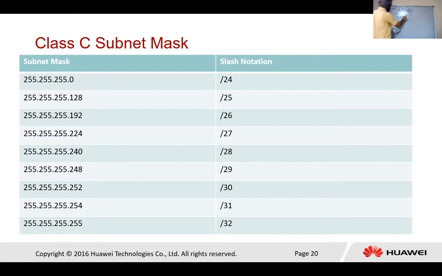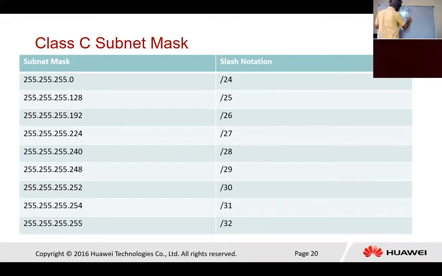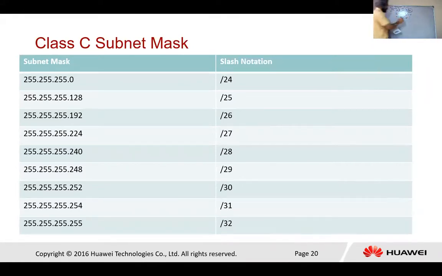2 raised to the power 6 means 64. That means in a single group we can assign a maximum of 64 IP addresses.